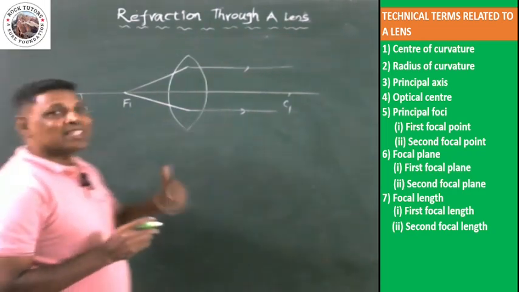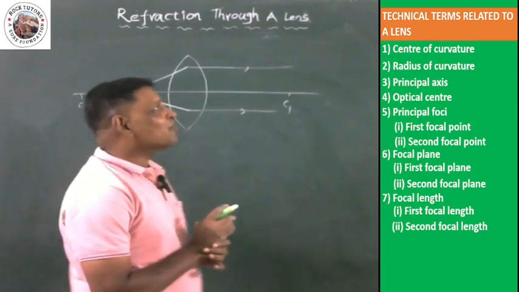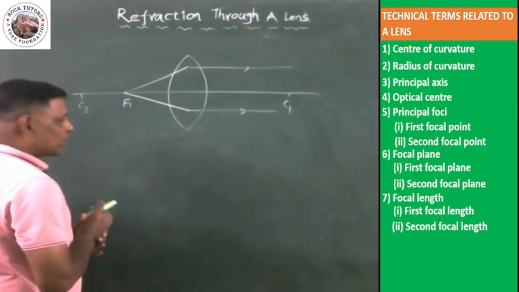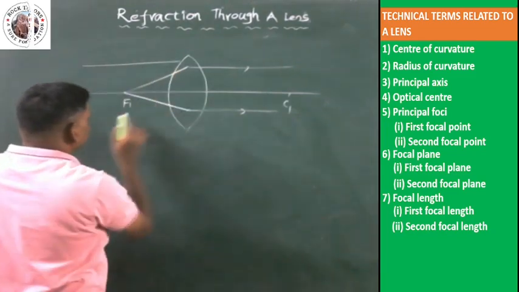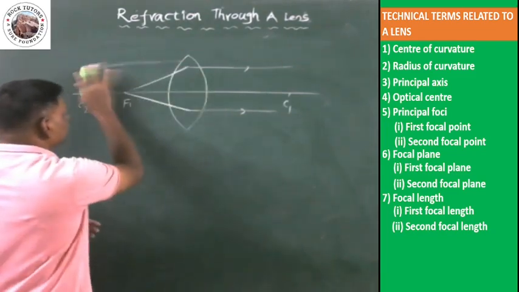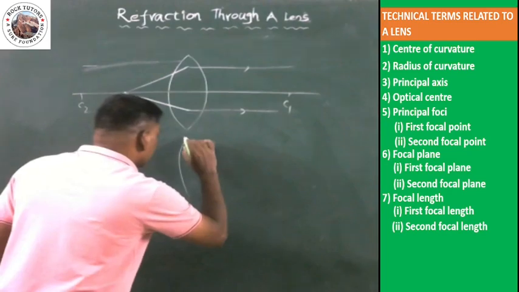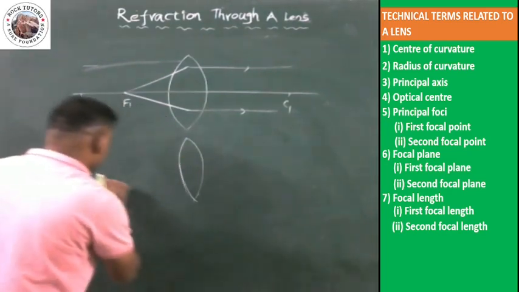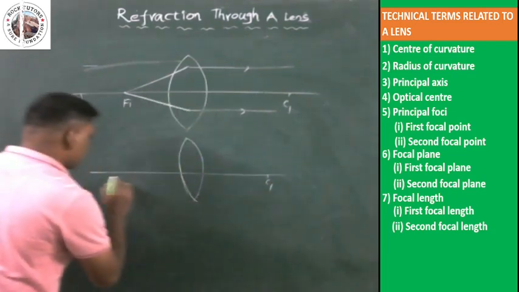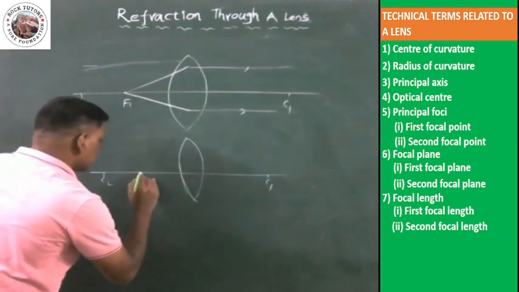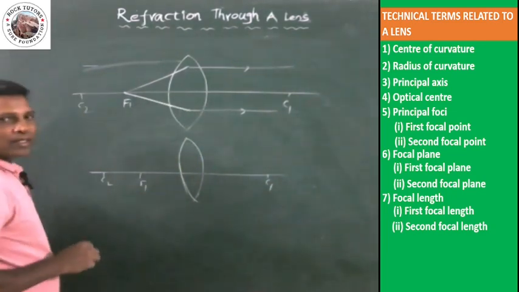Now, what is meant by second focal point? Second focal point means the rays are parallel to the principal axis, so I'll draw here. This is F1, just now we discussed.